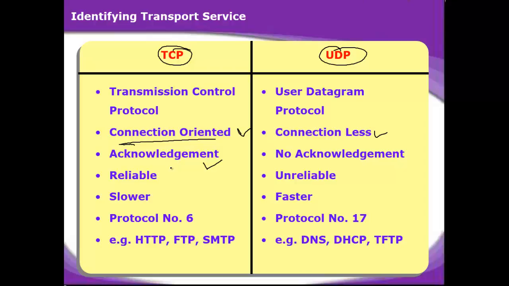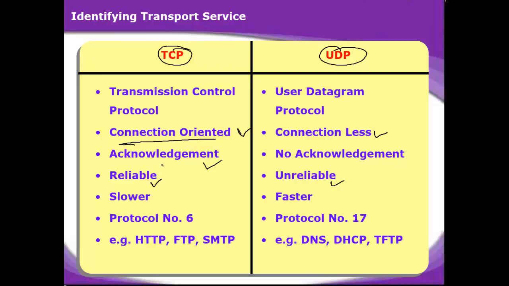TCP is going to make sure that the lost segments are resent, and this retransmission is called data correction. But in the case of UDP, because it does not use any acknowledgements, we say that there is no acknowledgement in UDP and it is unreliable. TCP, due to the acknowledgements and delivery mechanism, is reliable.